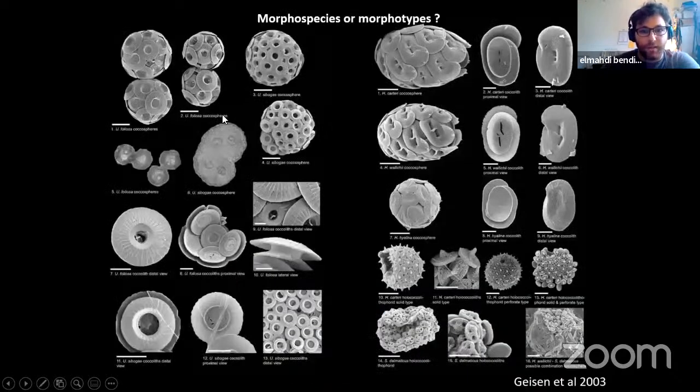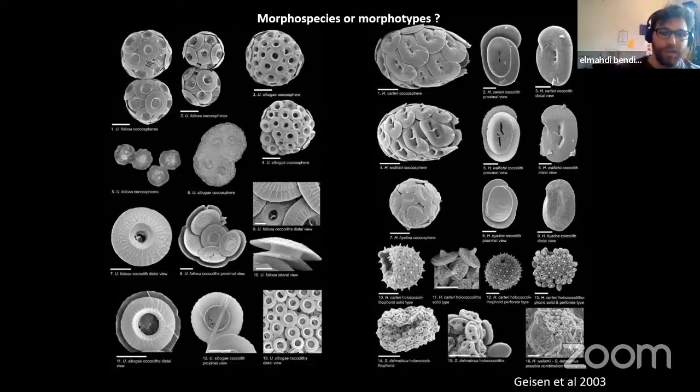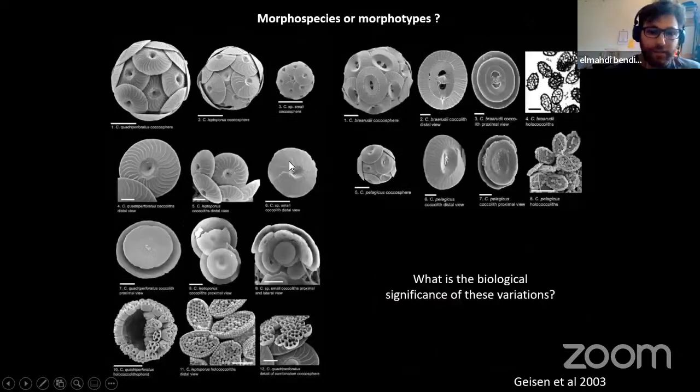And if we look now at some examples of morphospecies with morphotypes, we have Umbilicosphaera, we have Helicosphaera as well. Gephyrocapsa is another case. Calcidiscus, Coccolithus.